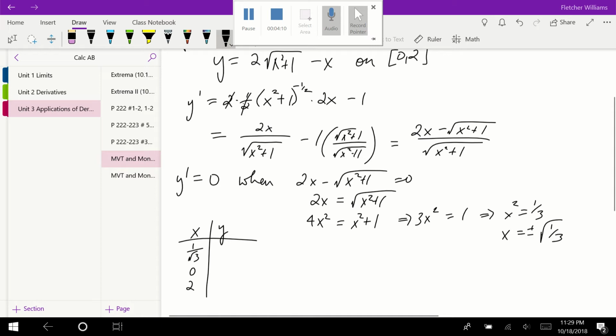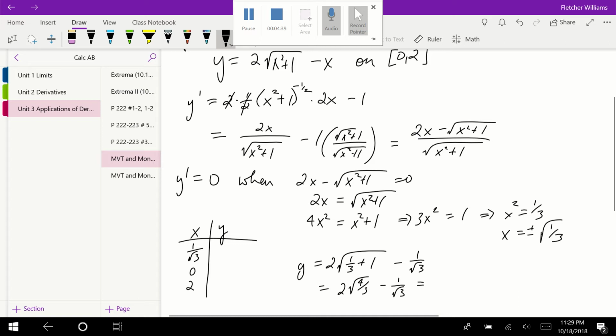Okay, so if you plug in 1 over root 3 into that original equation, you get y equals 2 times the square root of 1 over root 3 squared is just a third, plus 1 minus 1 over root 3. This gives you 2 root 4/3 minus 1 over root 3.